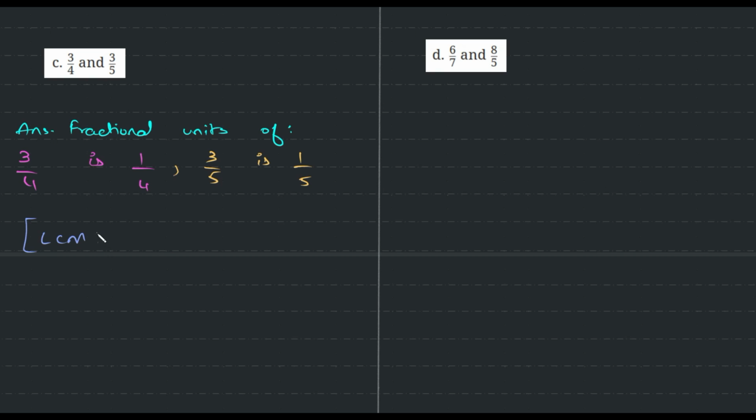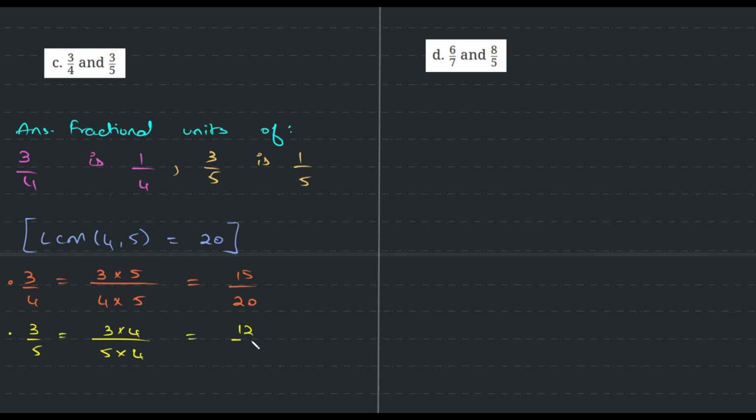So here we are considering the LCM of 4 and 5, which is equal to 20. So basically 3 by 4, I can rewrite this as 3 by 4 into 5 and 5, which is 15 by 20. And next we have 3 by 5, which can be written as 3 by 5 into 4 and 4.